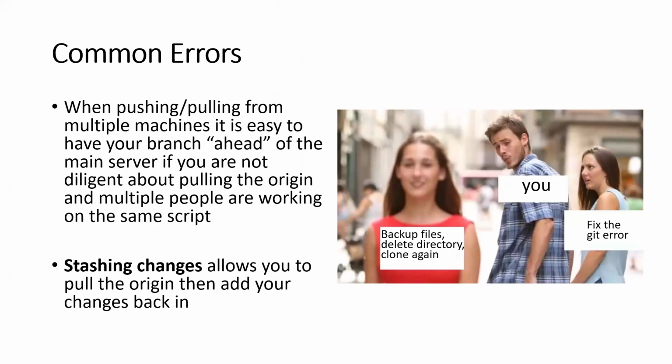That basically happens when multiple people are pushing and pulling to the same working repository. Either you forgot to push your changes and other people have now worked, so your changes are ahead, or other people have sent changes and you forgot to pull, so you started making changes without the most current version.